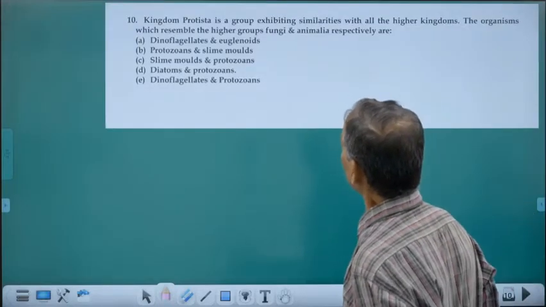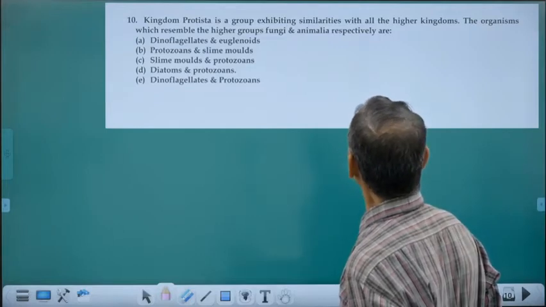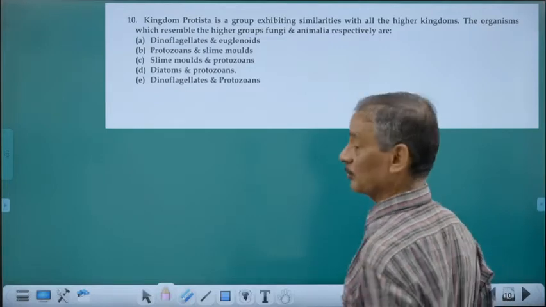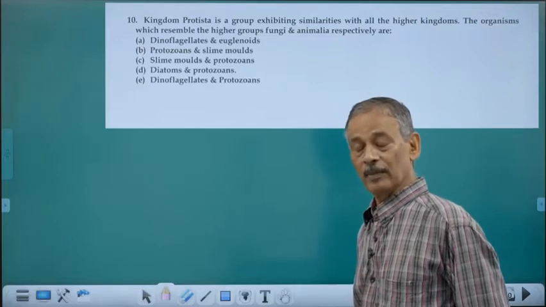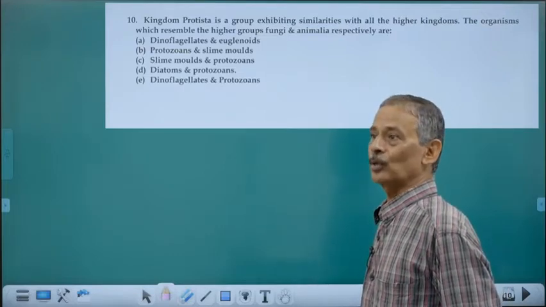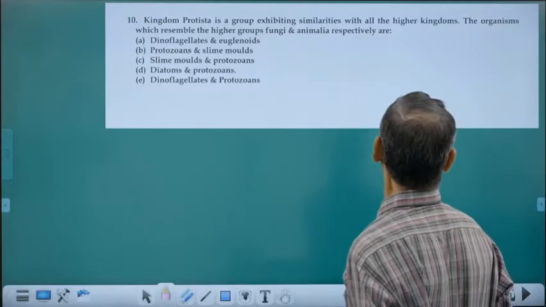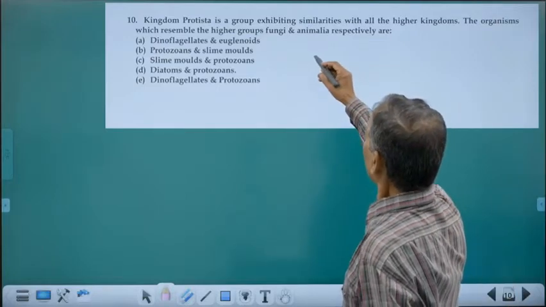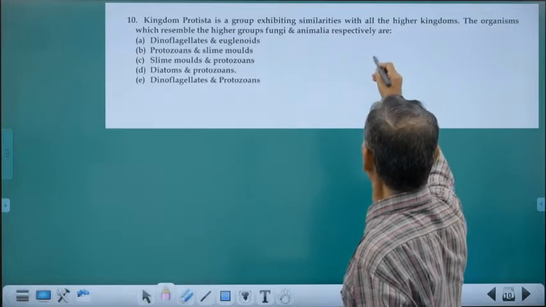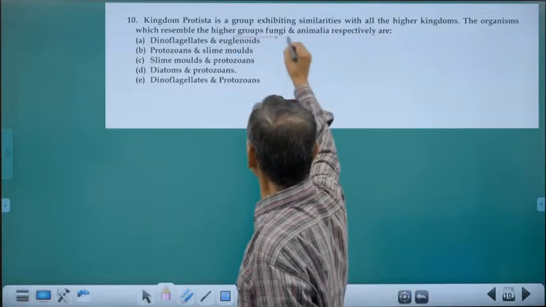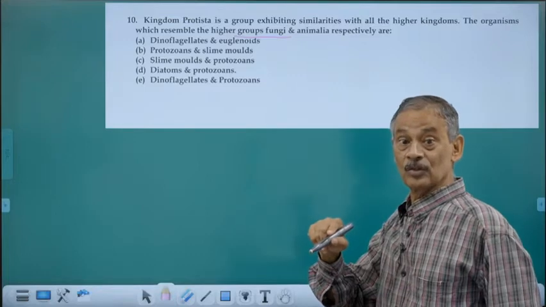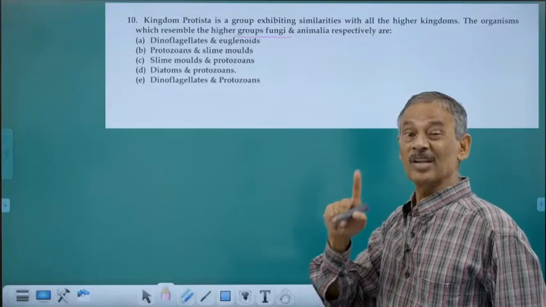Kingdom Protista is a group exhibiting similarities with all other kingdoms. It's a heterogeneous group. You have plant-like, animal-like, as well as fungi-like organisms. The fungi-like Protistans are the slime molds.